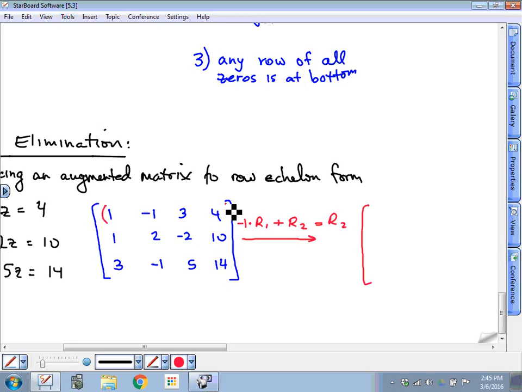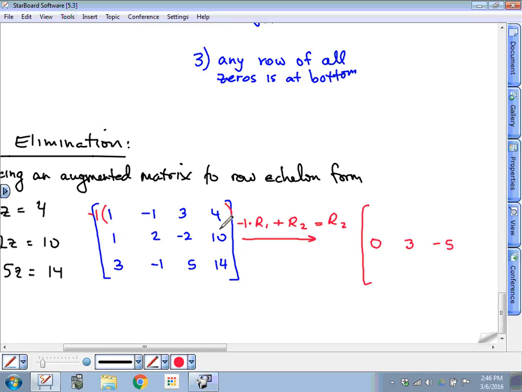So imagine row 1 is being multiplied by negative 1. Negative 1 times 1 is negative 1. Negative 1 plus 1 is 0. Now over here to the second column of row 1, negative 1 times negative 1 is 1. 1 plus 2 is 3. Negative 1 times this 3 is negative 3. Negative 3 plus negative 2 is negative 5. And then negative 1 times 4 is negative 4.